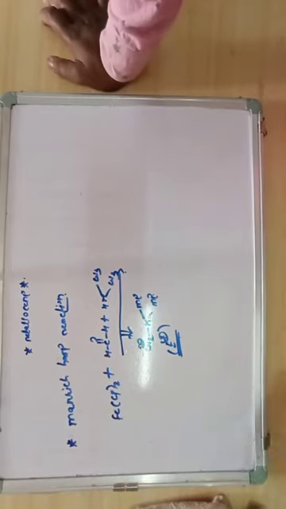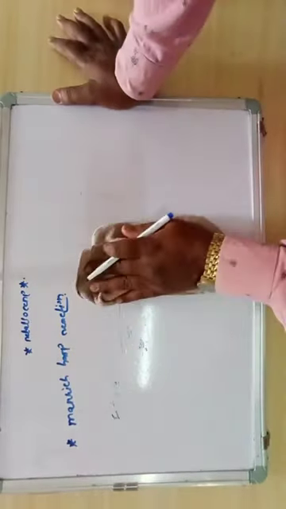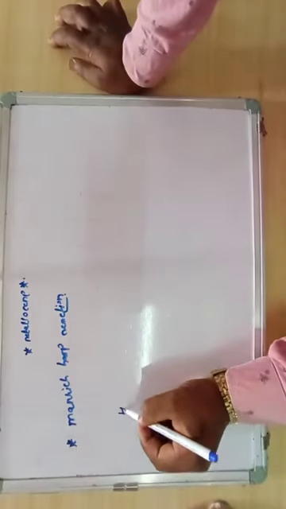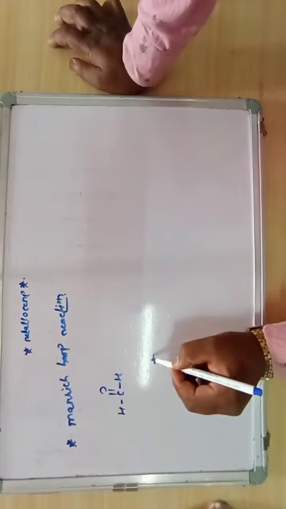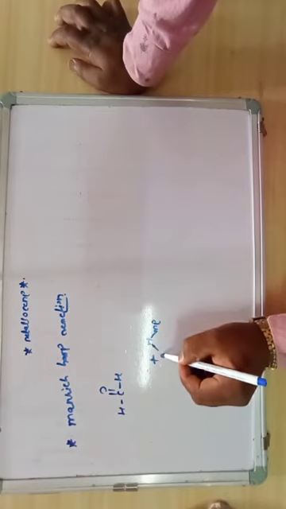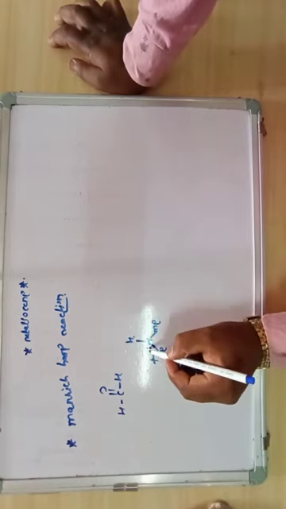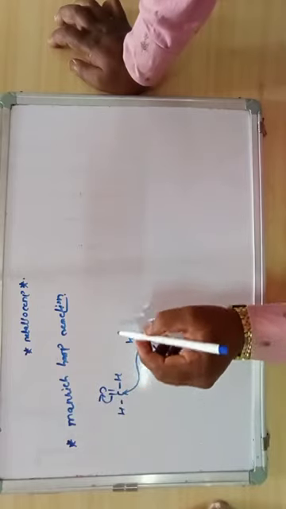So if you consider how this electrophile is formed, this is your aldehyde and this is your NHMe2, and the lone pair of this nitrogen will attack the carbonyl, giving O minus.